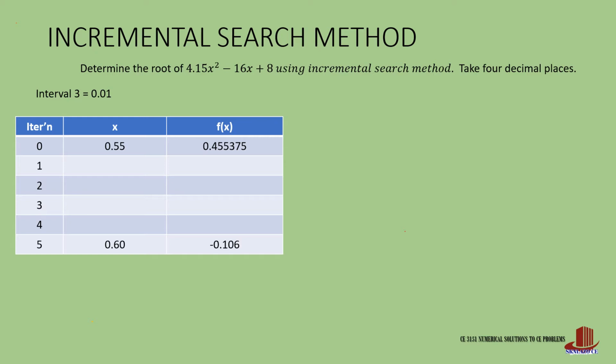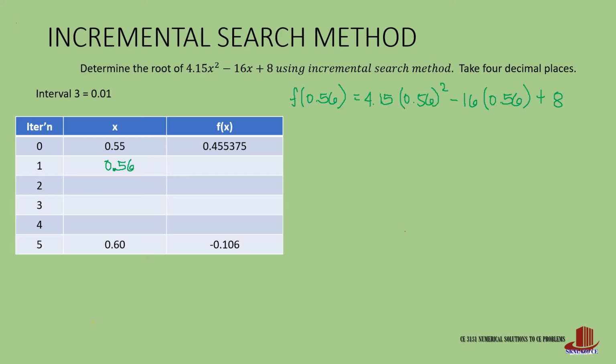So let's have our subinterval 3 as 0.01, which means from 0.55 we would have 0.56. And again, placing it into our function, that would be 4.15 times 0.56 squared less 16 times 0.56 plus 8.